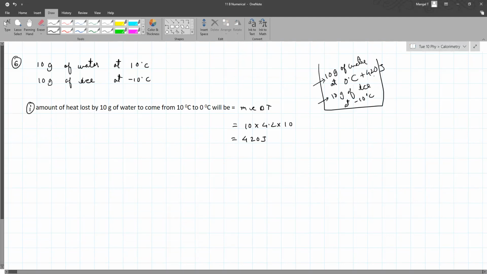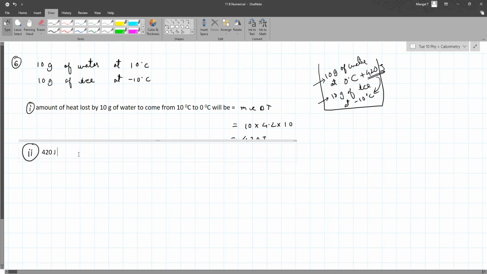No, sir. Now this 420 joules will be taken by 10 gram of ice. So remember this. So what we have over here is 420 joules. So the 10 gram of ice will take 420 joules, and what will it become?